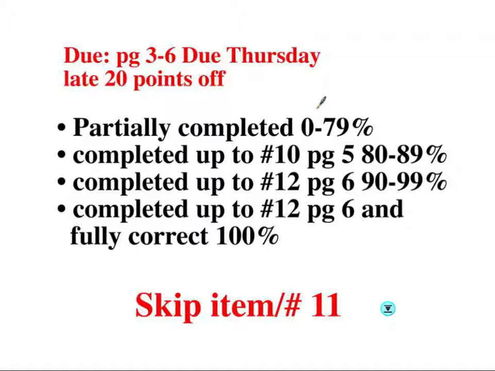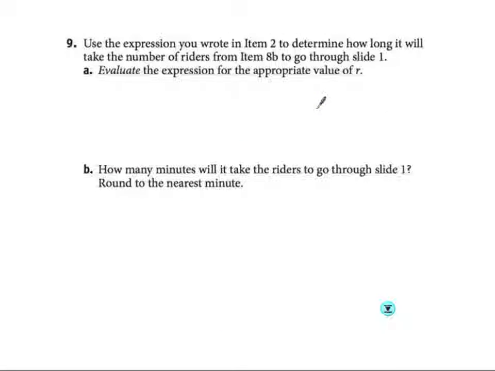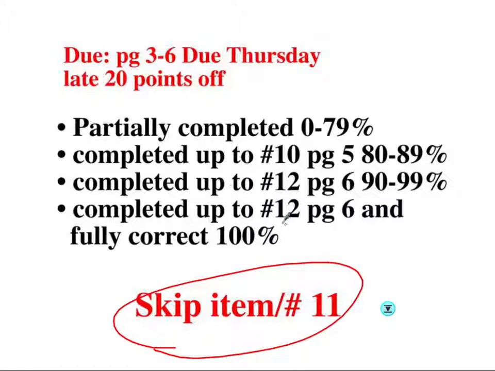Alright, so here is the assignment. I want you to complete the rest of this. So I want you to do number 8, 9, 10, skip number 11, and then do number 12. So this is how I'm going to grade your first assignment.